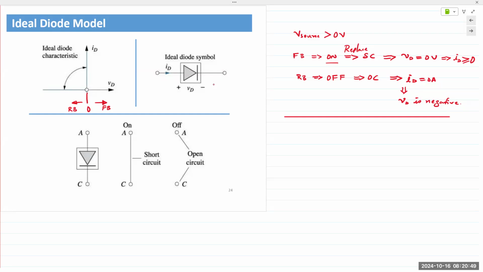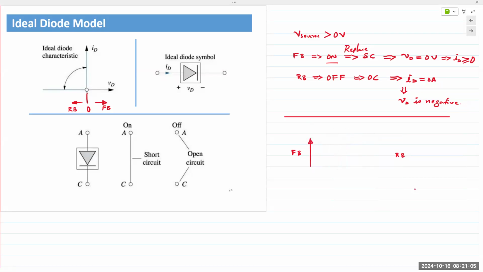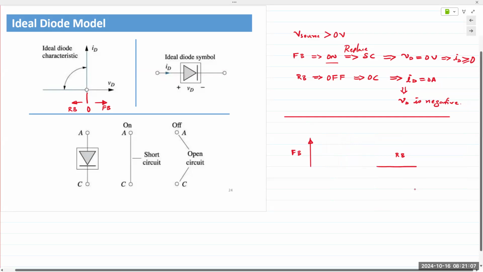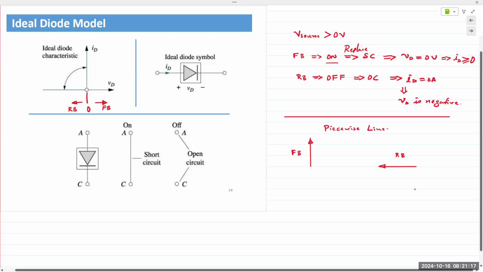So we'd have the forward bias characteristics, which looks like this, a straight line. Then you have the reverse bias, which is also a straight line. So we break it up into multiple pieces, hence piecewise linear. So it's also known as the piecewise linear model.